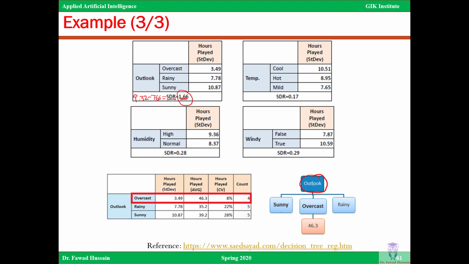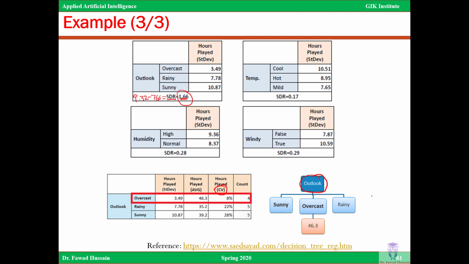And next, if we choose outlook to be the root node, we have three possibilities: sunny, overcast, and rainy. In addition to the standard deviation and the average value, we also calculate the coefficient of variation. Remember that we use that for deciding whether we have to continue or not.